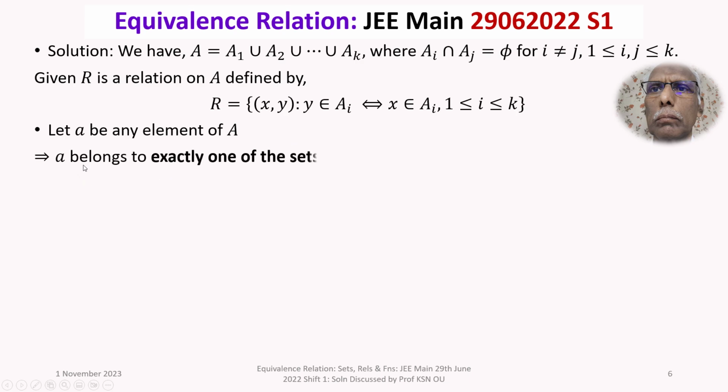So let a be any element of A. This implies a belongs to exactly one of the sets A1, A2, AK, say Ai. This result follows from the fact that these sets A1, A2, AK are pairwise disjoint. Agreed.